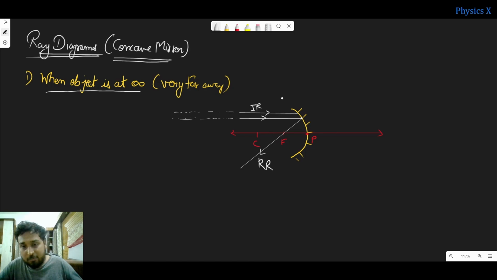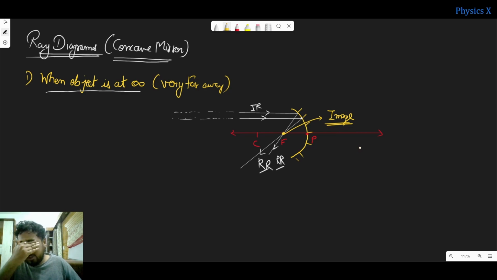Now the formation of an image will be such that wherever these reflected rays meet, they will be forming an image. You can see these two reflected rays are meeting at this point. So this is nothing but your image.